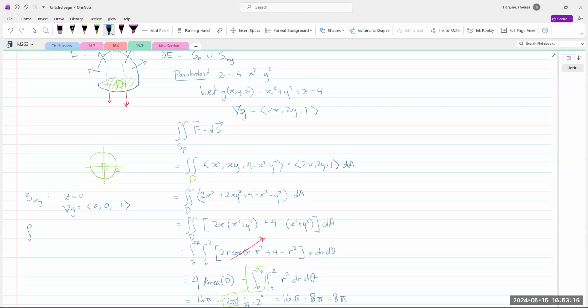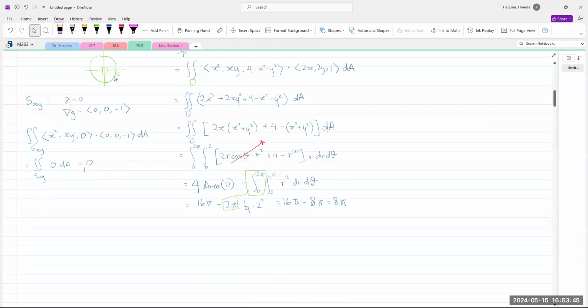So the double integral over the xy surface of x squared, xy, and then z is 0, dot 0, 0, -1 dA. The dot product is 0, so the integral is 0. Therefore, the double integral over S of F dot the oriented surface S equals 8 pi plus 0, which is 8 pi.